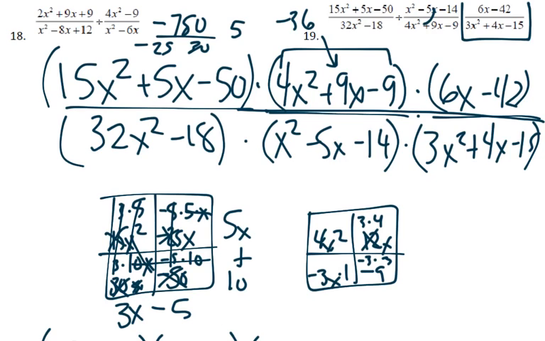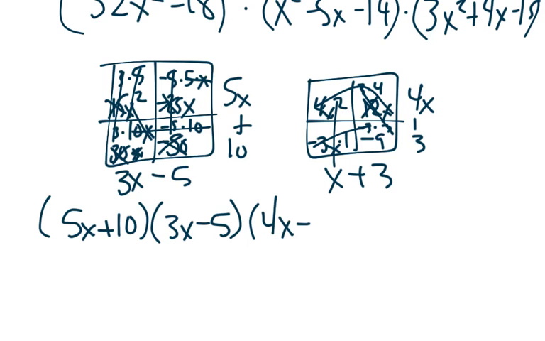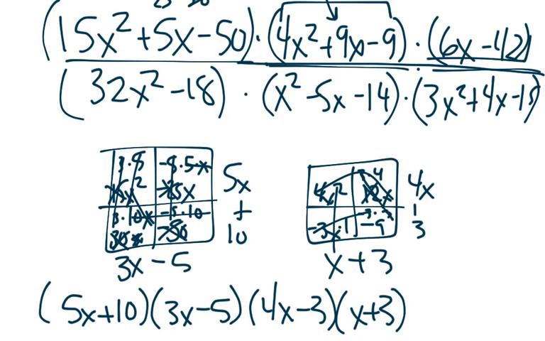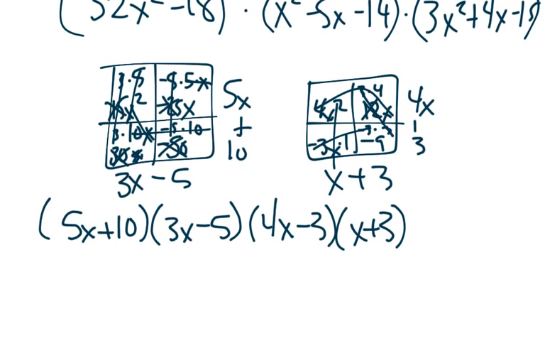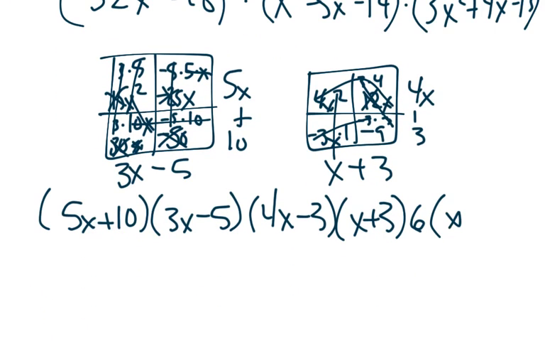So x minus 3 plus 3 and 4x. On this one I get 4x minus 3 times x plus 3, times, now this one, we can pull out a 6, times x minus 7.